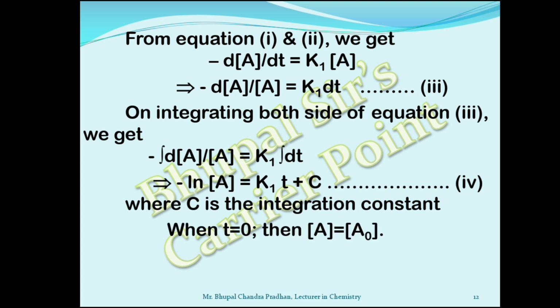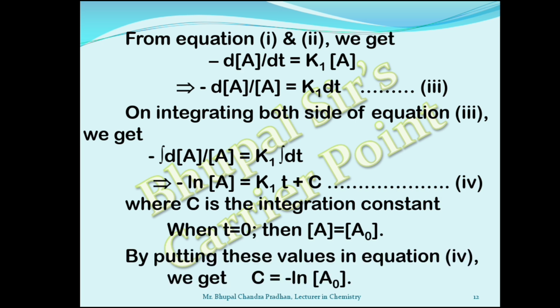When t is equal to 0, the concentration of A is equal to A0. Putting these values in equation 4, we get c is equal to minus ln A0.